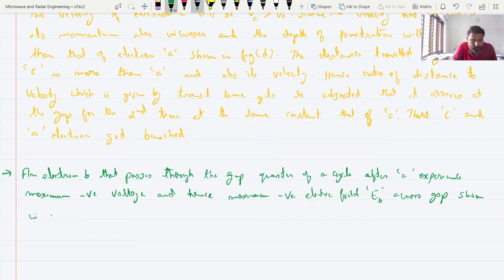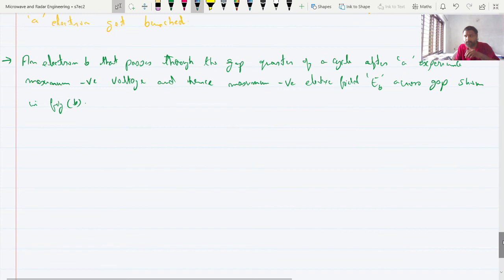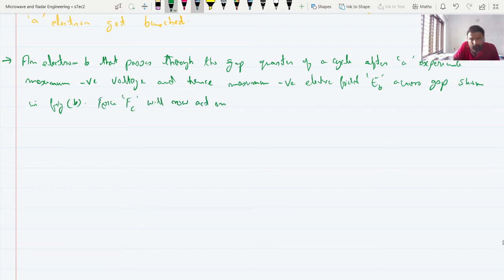Because of that, a force Fc will now act on electron B in a direction opposite to its motion, and it is retarded. Previously it is at rate, and it is retarded.